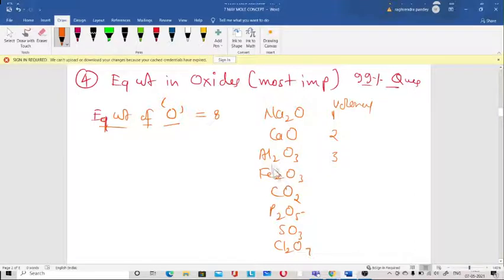Here the valency of iron is 3. Iron has valency 2 and 3 both, here we are taking 3. Valency of carbon is 4. Valency of phosphorus here is 5, it also has valency 3. Valency of sulfur is 6. Valency of chlorine is 7. Any doubt in that one?